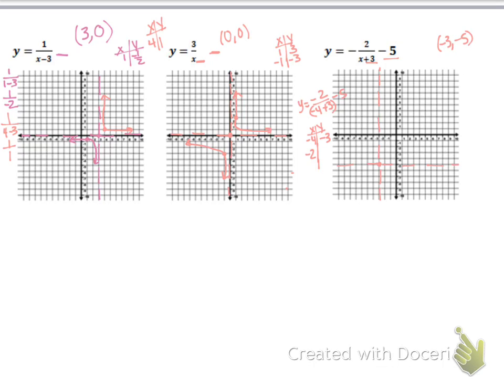Okay, if I plug in -2 into there, -2 plus 3 is 1. -2 divided by 1 is -2, minus 5 is -7. So I have to go for my first one left, 1, 2, 3, 4, down 1, 2, 3, and then the other one is left, 1, 2, down 1, 2, 3, 4, 5, 6, 7.